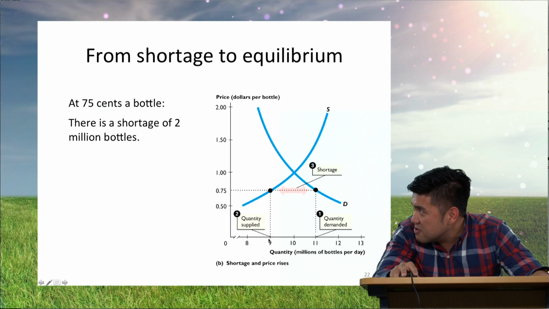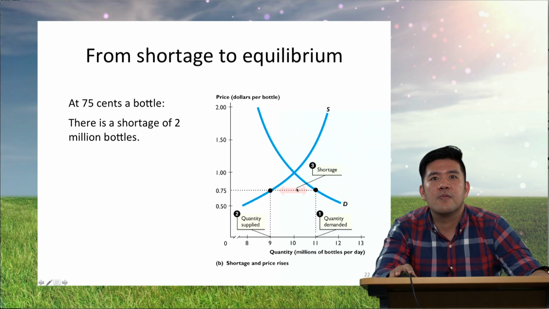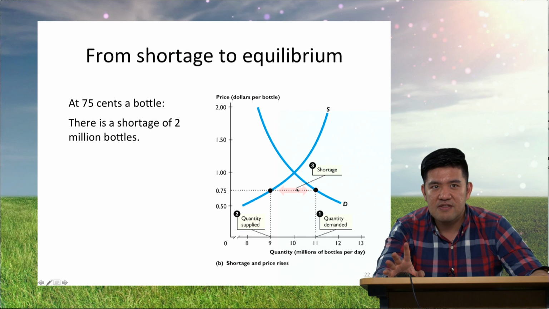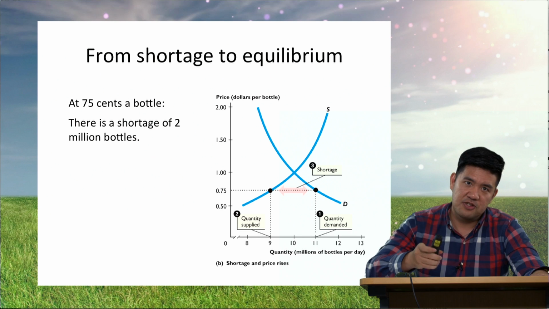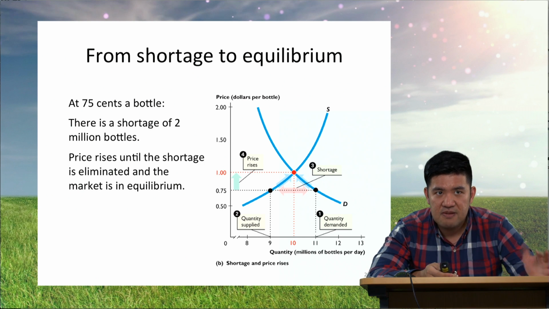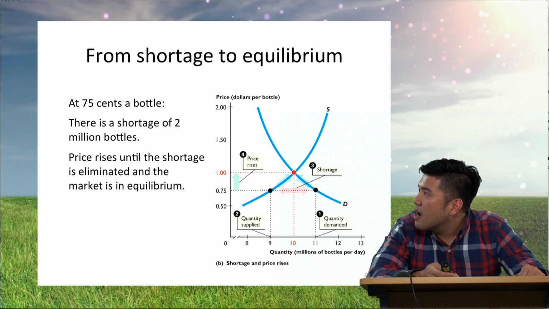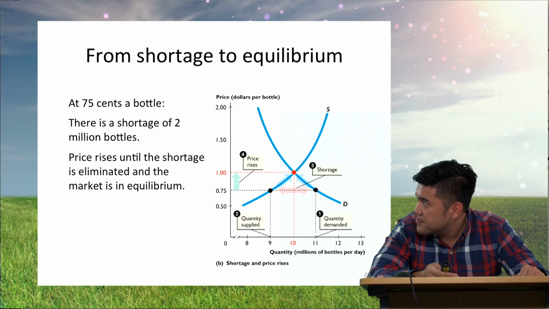They're only willing to supply 9. So what do we have here? Shortage. When there's a shortage, the market will adjust. What is the adjustment? Price got to go up until the shortage is eliminated and the market is in equilibrium.